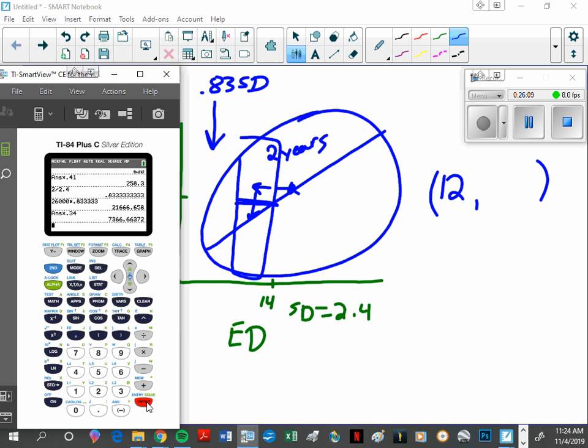And what does $7,366 tell me? That's how much less we would expect this woman to earn than the average of 32,000. And we get 24,633.